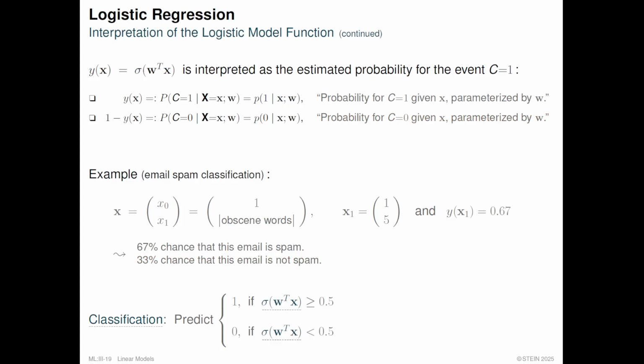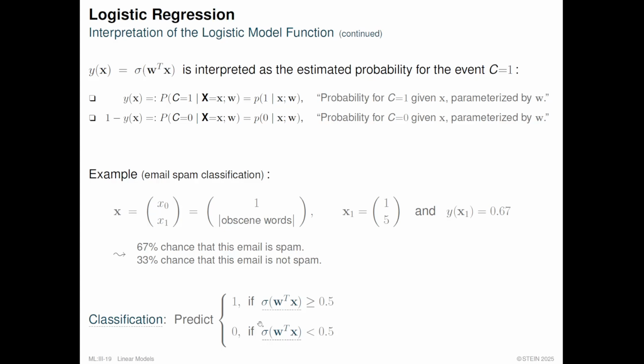And in a classification scenario, we have to take this chance again and bring it back into a binary value. I mean, if you tell someone that you have a 33% chance of something being not spam, of course they would assume that it's probably the other case.